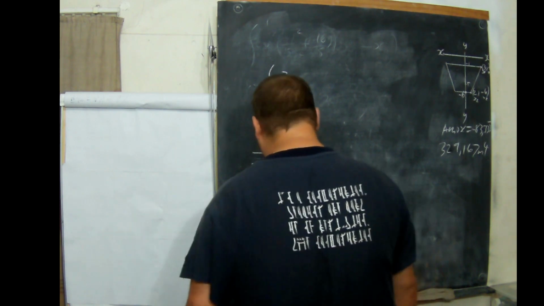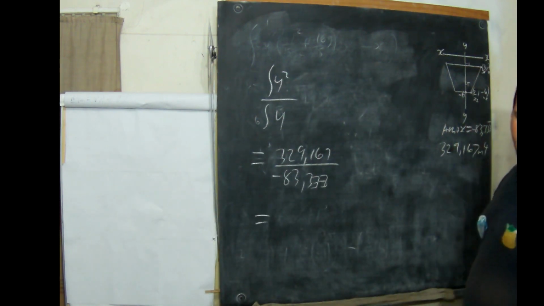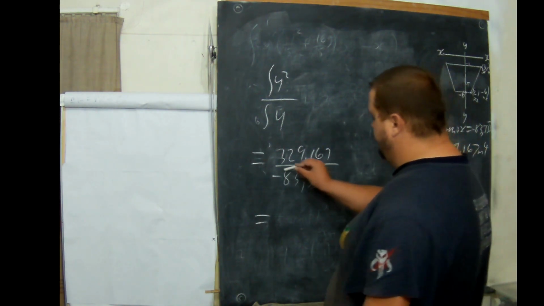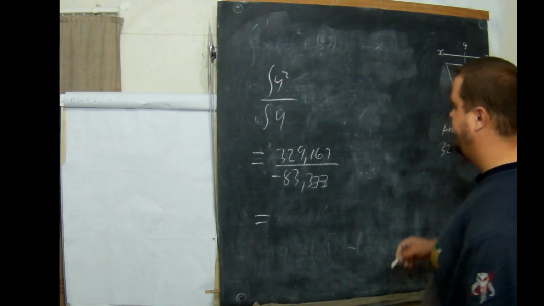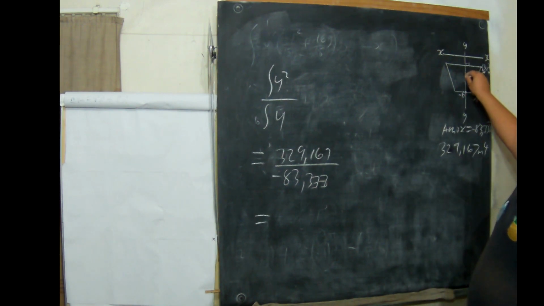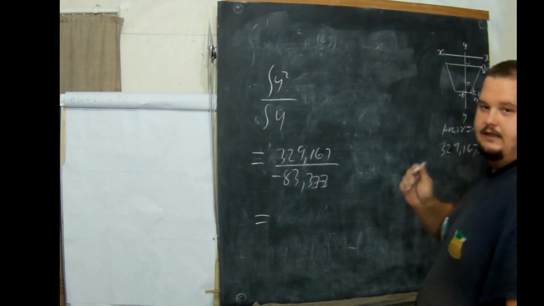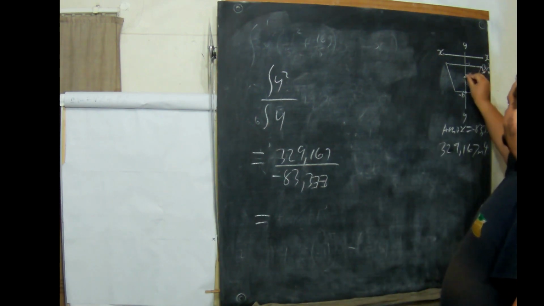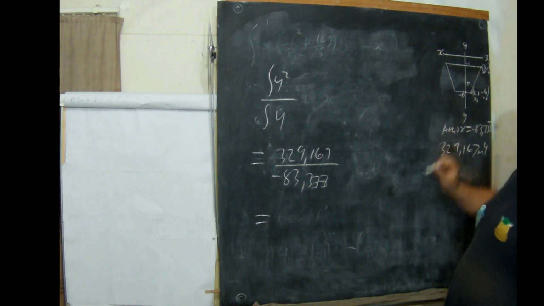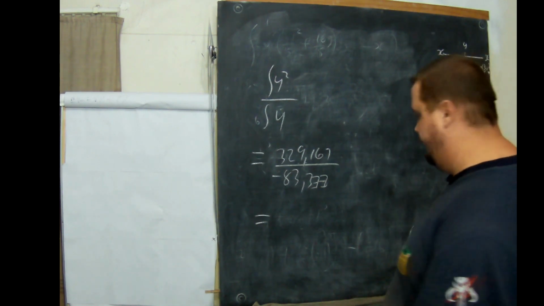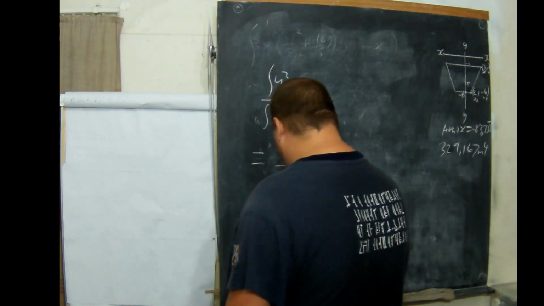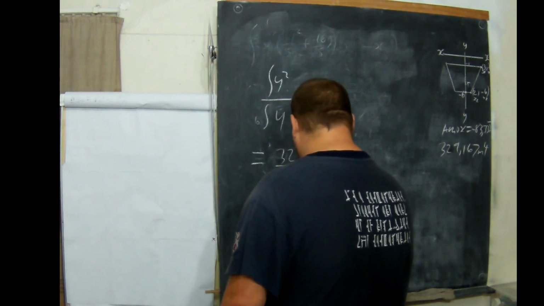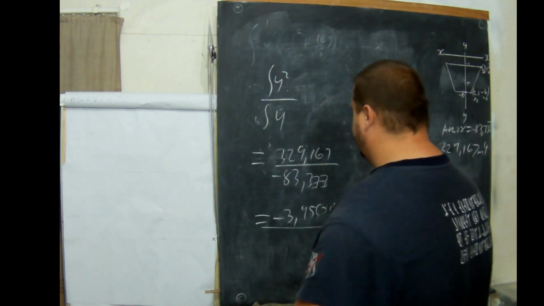Now, center of pressure, because our center of pressure will be a minus number, it means that it is below the water surface, and that is always the case with the center of pressure: it will always be below the water surface. So it's a negative. So this will be minus 3,950 meters.